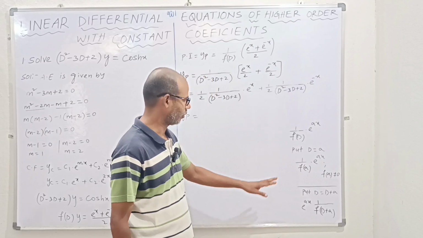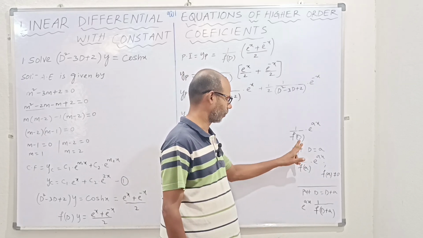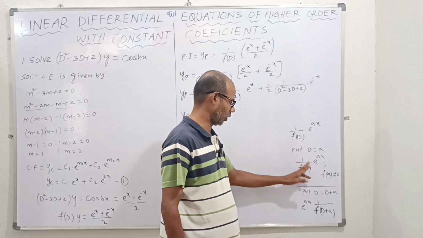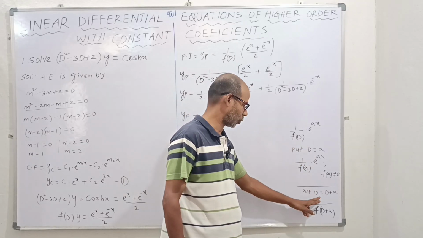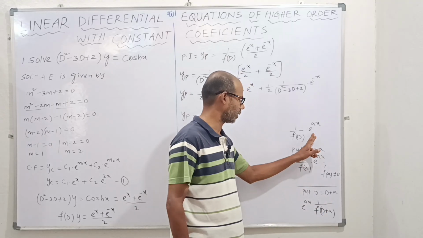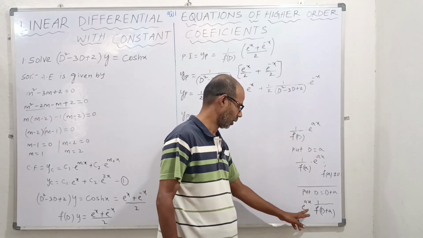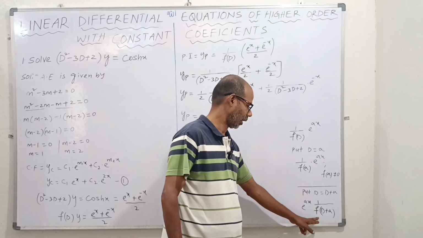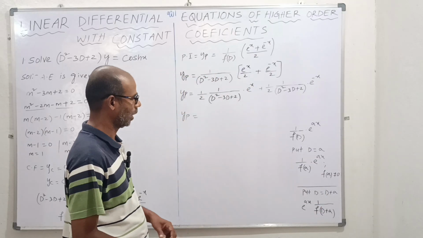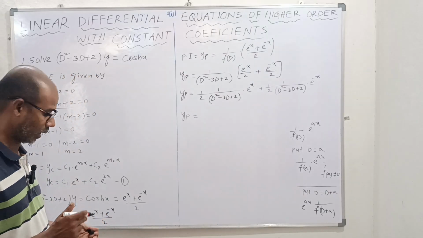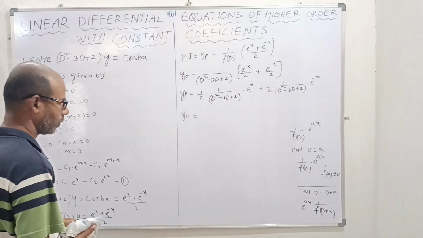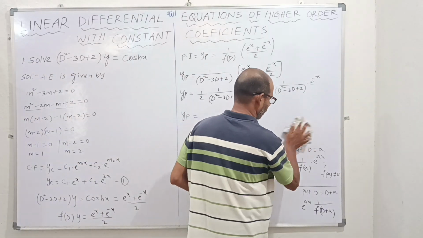Second case, when putting D equals a in the denominator, if it becomes 0, then we have to put D equals D plus a and move this e power ax to the left of the operator. So we will write it as e power ax into 1 by f of D plus a. Those are the two things we have to remember while solving the problem. Okay.